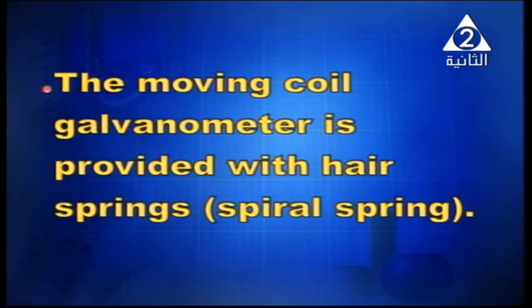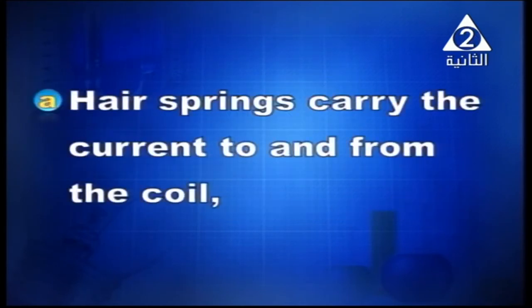Another give reason: the moving coil galvanometer is provided with hair springs. It asks for the function of the spiral springs found in the moving coil galvanometer. Hair springs carry the current to and from the coil.